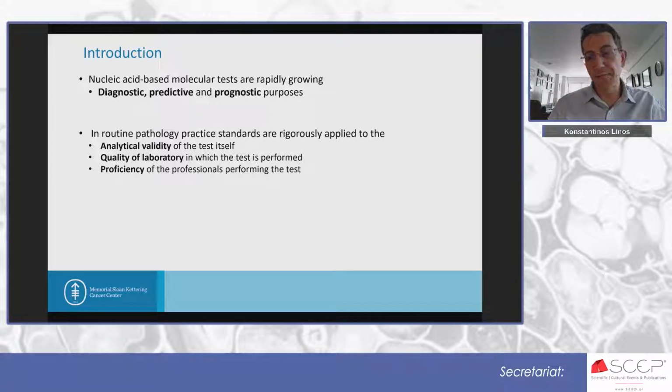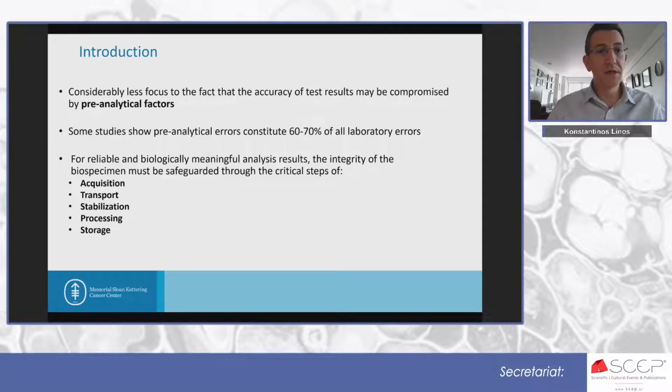That is fairly standardized in pathology labs. However, there has been considerably less focus on the fact that the accuracy of test results can be significantly compromised by what we call pre-analytical factors.